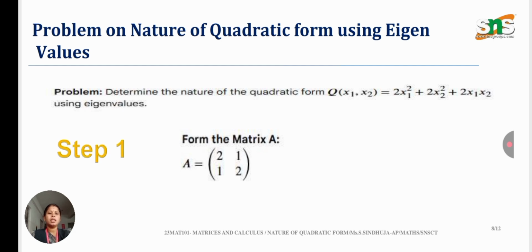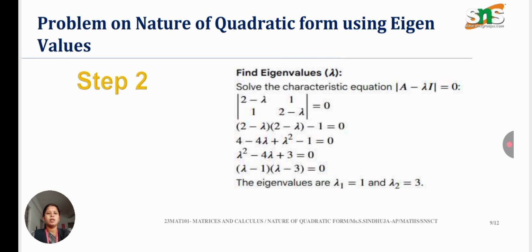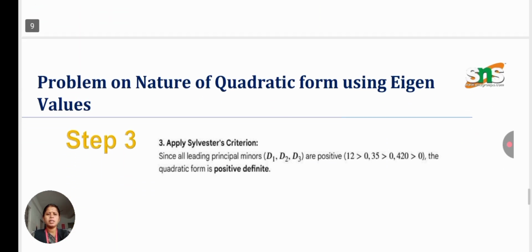To find the eigenvalues for the given matrix, we go for the characteristic equation, determinant of A minus lambda I equal to 0. When you expand this, we get the eigenvalues lambda 1 equal to 1 and lambda 2 equal to 3. Since both eigenvalues are positive, we get positive definite in its nature.